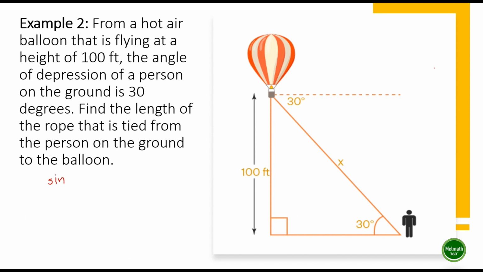Sine 30 degrees equals 100 over x. To find x, cross multiply. x sine 30 degrees equals 100.